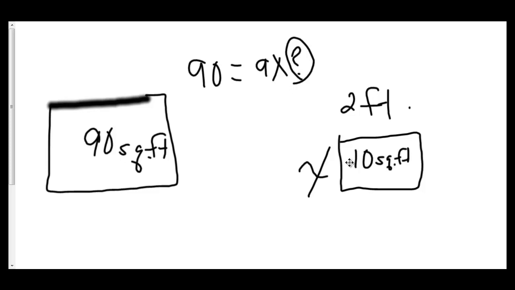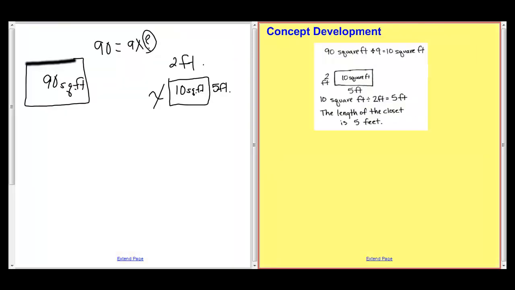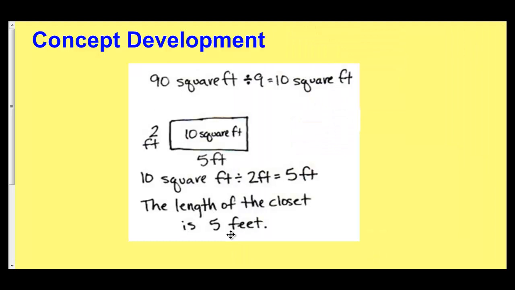So if the area is 10 square feet, and one side is 2 feet, then the other side must be 5 feet. Okay? So here's my sentence. I'm going to go back and look at the problem, see what it was asking. What is its length? So I would just say simply, the length of the closet is 5 feet.